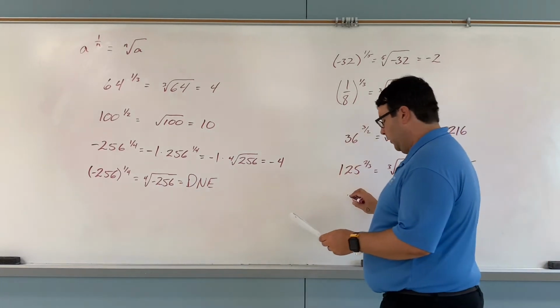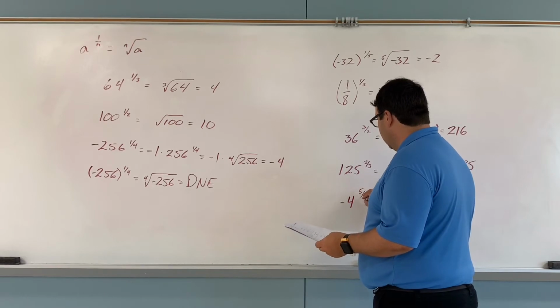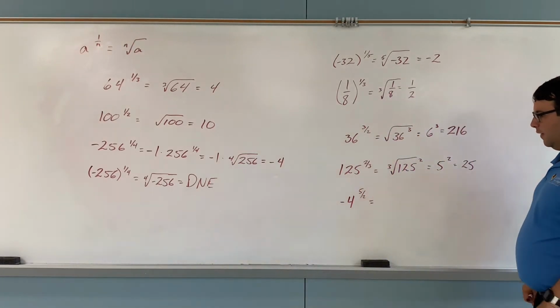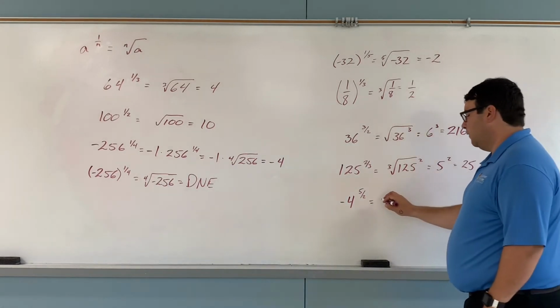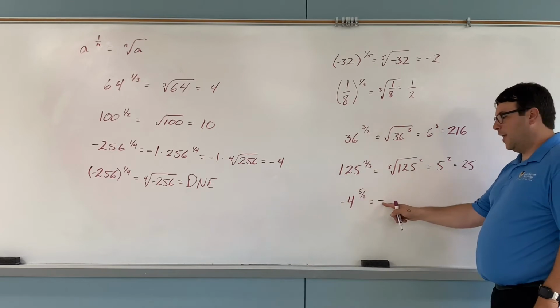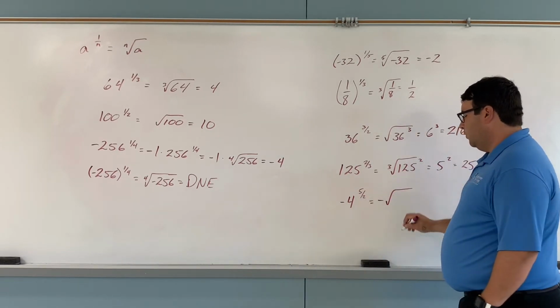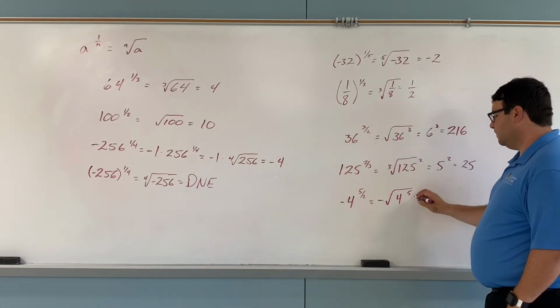Let's try this next one. I have -4 to the 5/2 power. Be very careful about what your base is. That negative is separate, so I'm going to write it outside. I have a square root, so it's a negative square root of 4 to the 5th power.